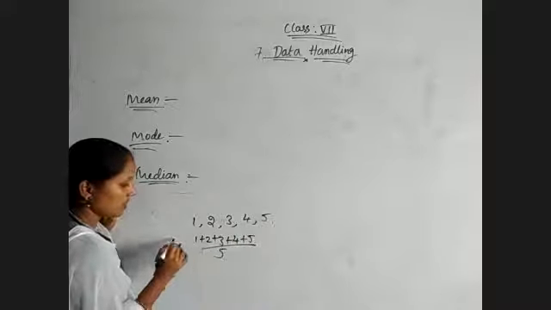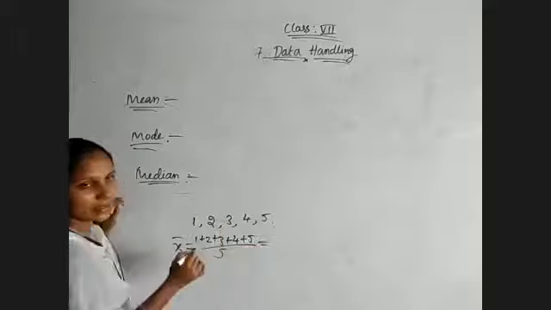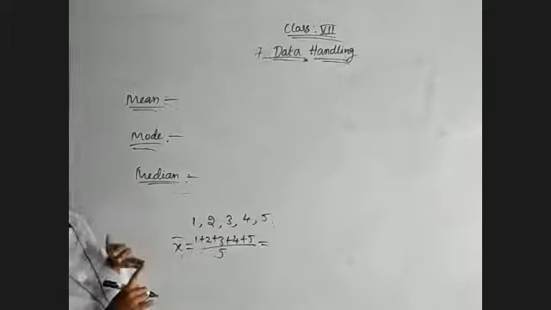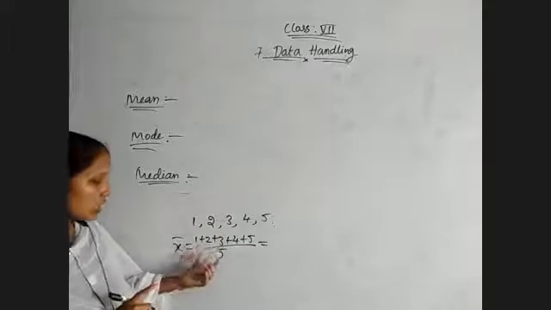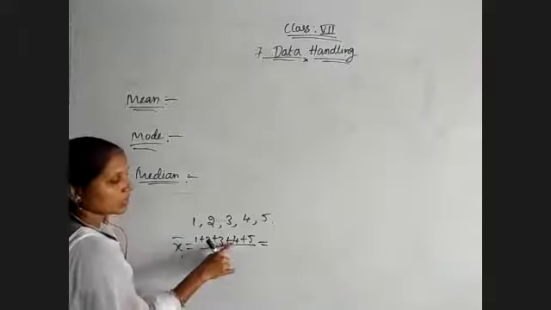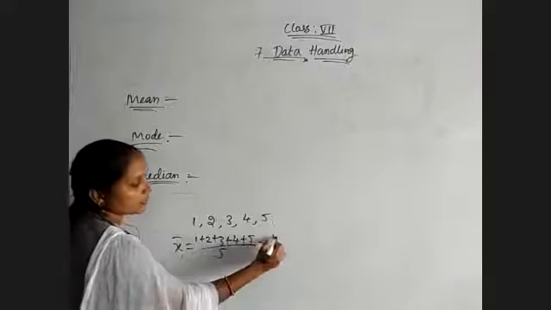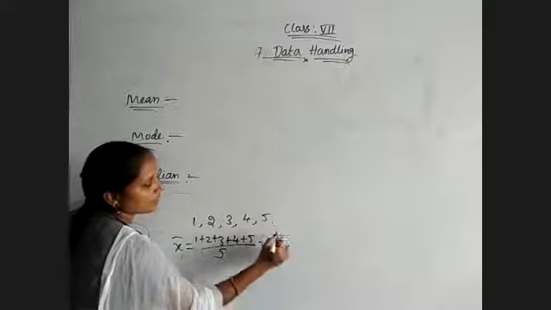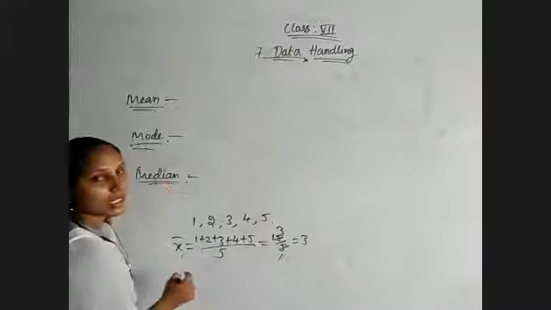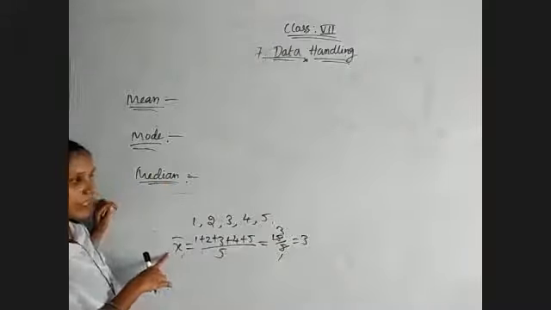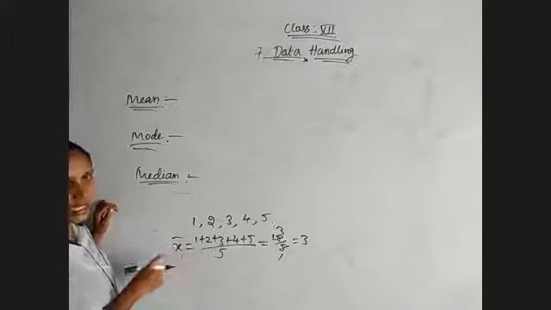It is also called the average. 1 plus 2 is 3, 3 plus 3 is 6, 6 plus 4 is 10, 10 plus 5 is 15, and 15 by 5 is 3. So the mean of the first 5 natural numbers is 3.